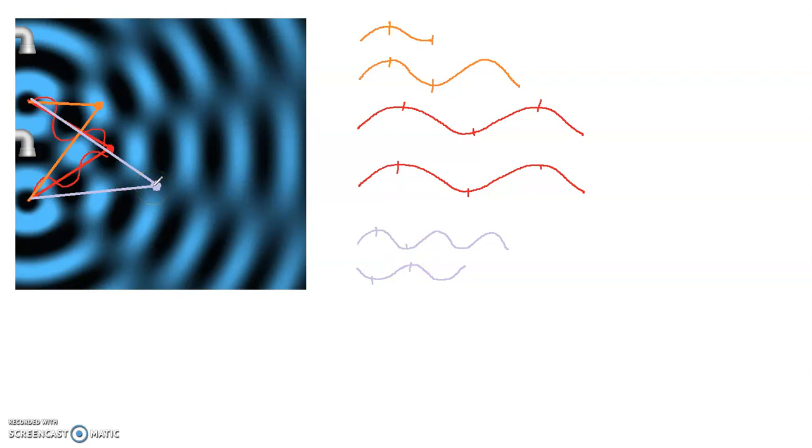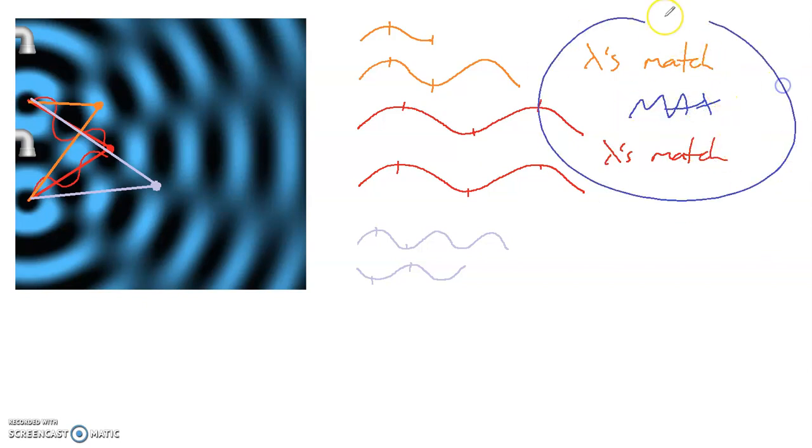So it's kind of interesting how this type of thing actually works. These orange ones up here, the wavelengths actually match. These over here, the wavelengths match. And that's why both of these are maximums, because their wavelengths are perfectly matching, crest on crest, trough on trough.